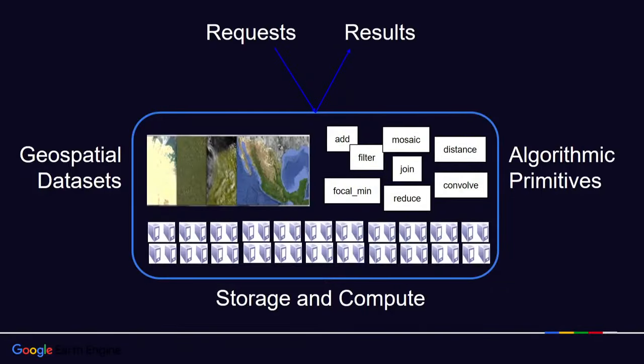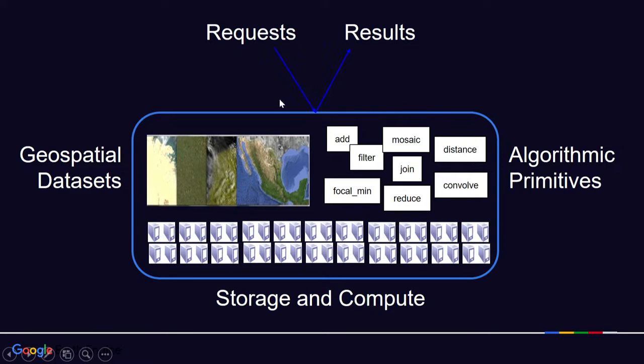So this is the basic request-response. It's working on a client-server architecture. The user, working in a web browser and using some basic APIs, requests the data from Google Earth Engine and can then apply some algorithms. All these geospatial data sets reside on the Google Cloud platform, and through some basic algorithmic primitives, the data can be served.